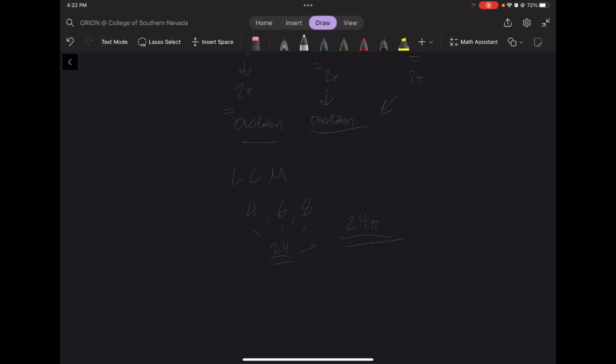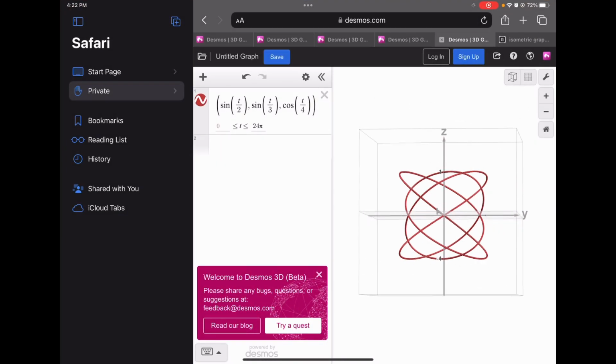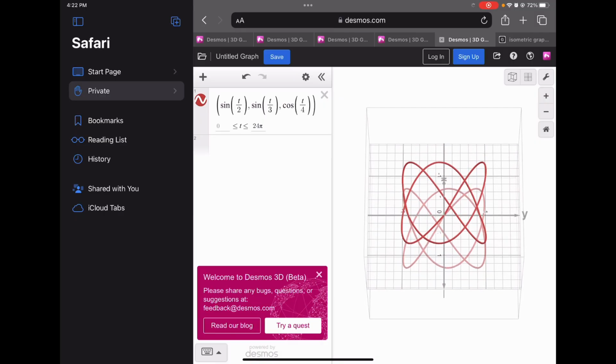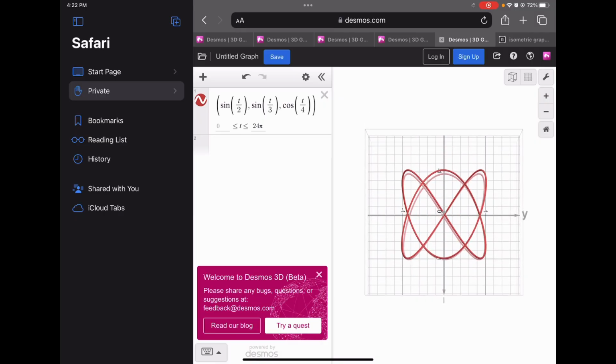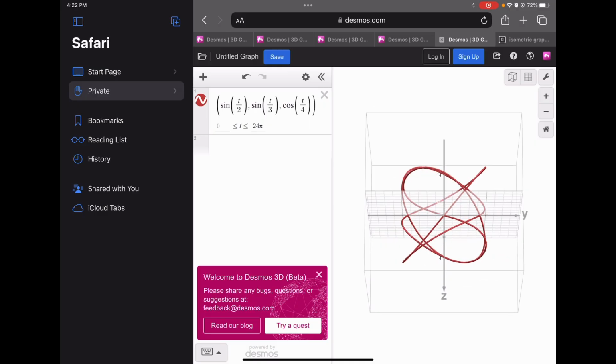Now, another thing I thought about was why would it be 0 through 24 pi, and why wouldn't it be negative 24 pi through 24 pi? Well, the reason is that negation isn't going to change anything.